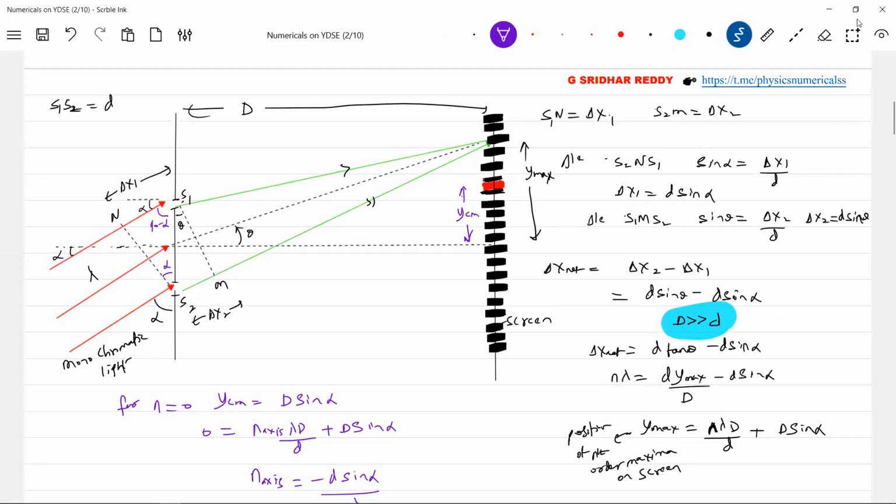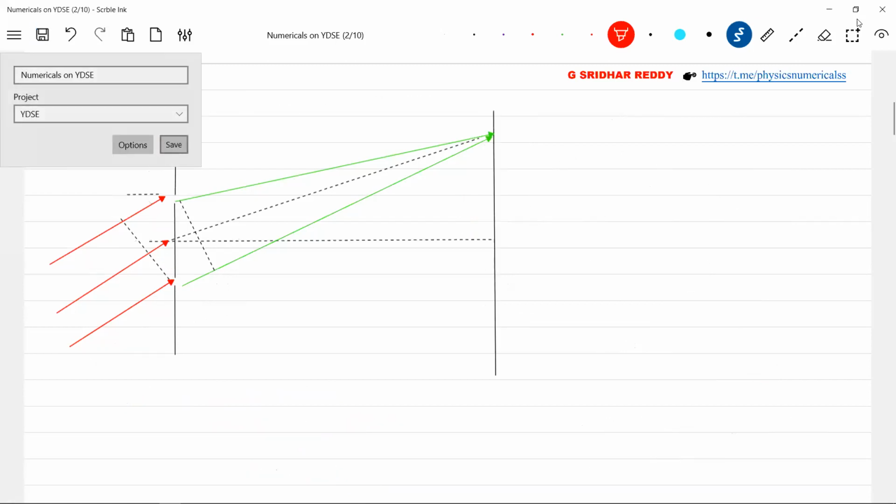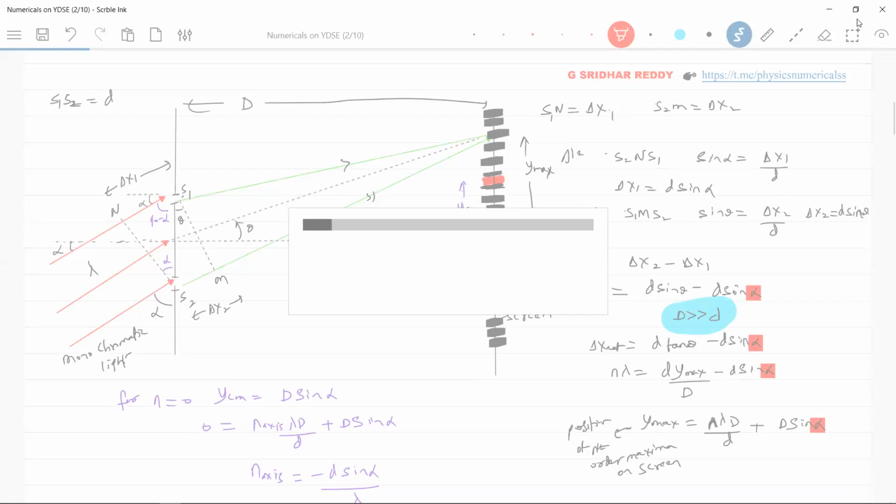Alpha will not become tan alpha; alpha will remain alpha only, 30, 40, 45 degrees. Please all of you notice this, a very important thing. Look at this alpha. Alpha is not very small. It will be of order 30, 40, 50, 60 degrees, any angle between 0 and 90, but not very small.